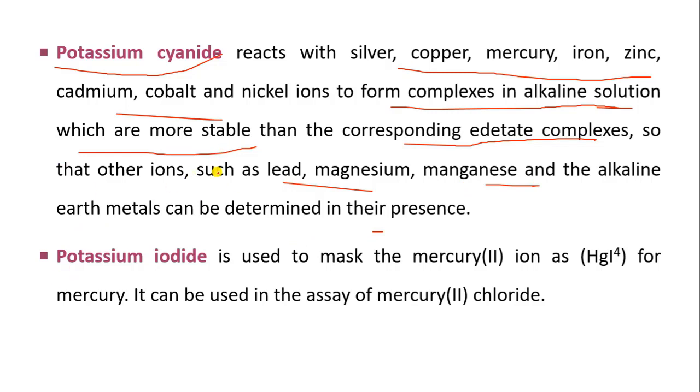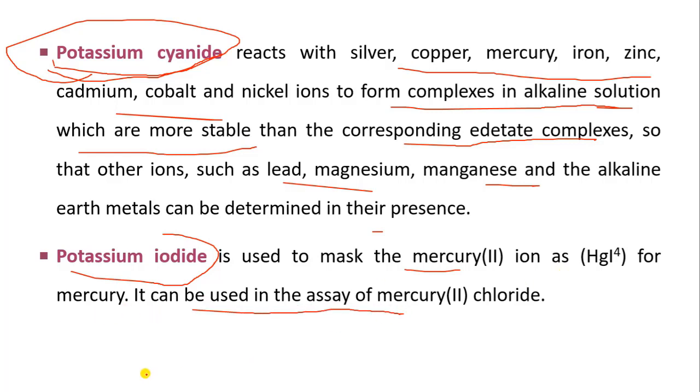So we have to choose our masking agent as per the analyte in the sample. What we have to find, as per that we can choose our masking agent. Then potassium iodide is used to mask mercury, as in the assay of mercury chloride. So this is all about masking agents.